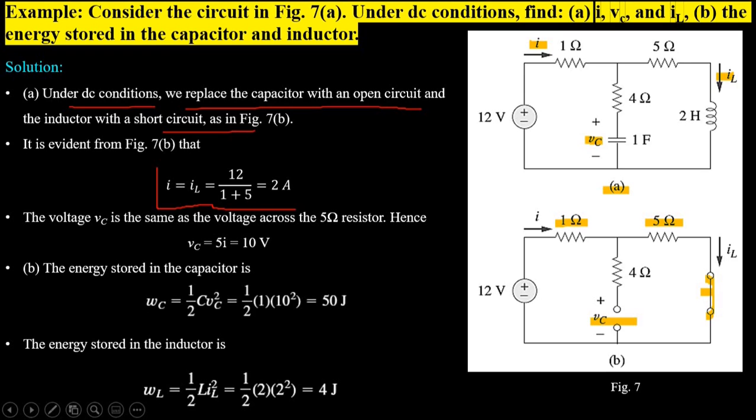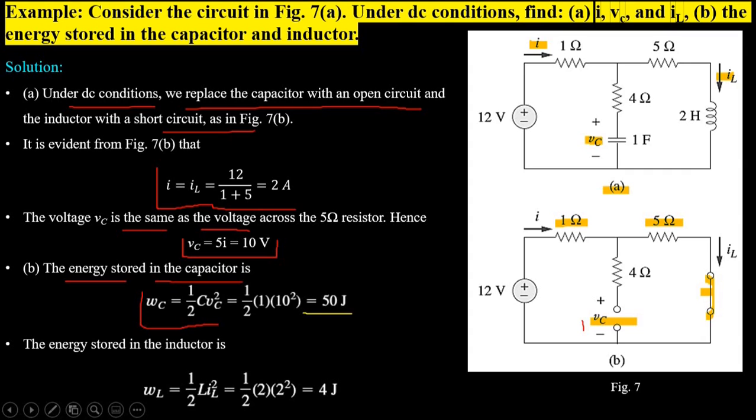Now as the capacitor acts as an open circuit for DC voltage, no current will flow through the 4 ohm resistor, and hence the voltage Vc will be equal to the voltage across the 5 ohm resistor, which is 5I, so Vc will have a value of 10 volts. Now for the second part, the energy stored in a capacitor is equal to half the capacitance multiplied by the voltage across the capacitor squared.